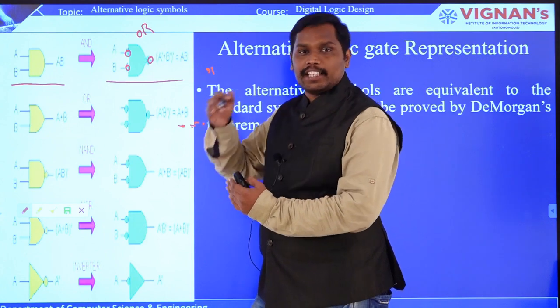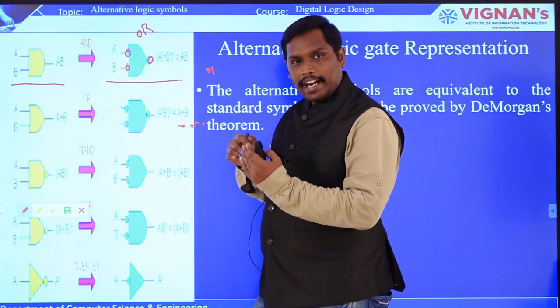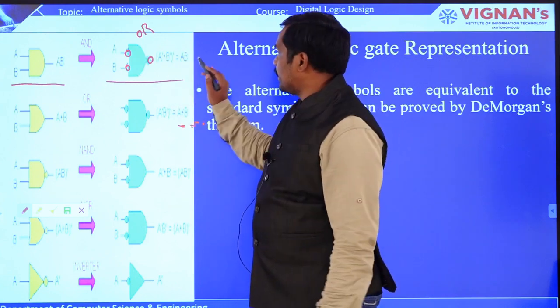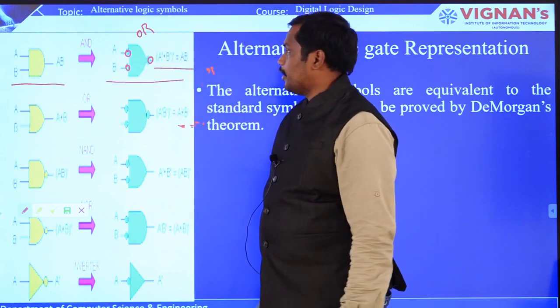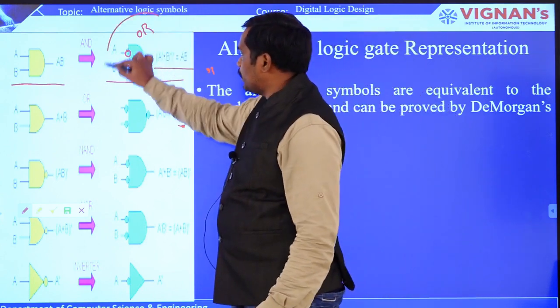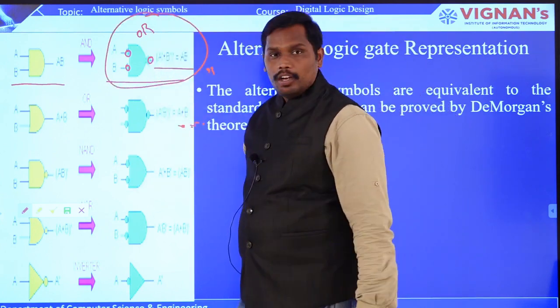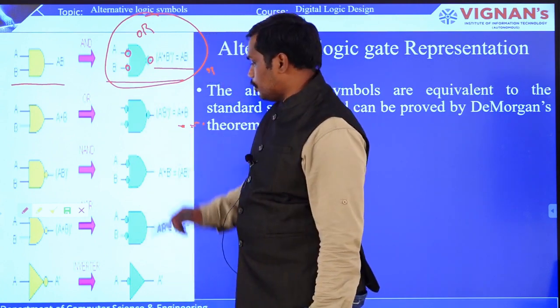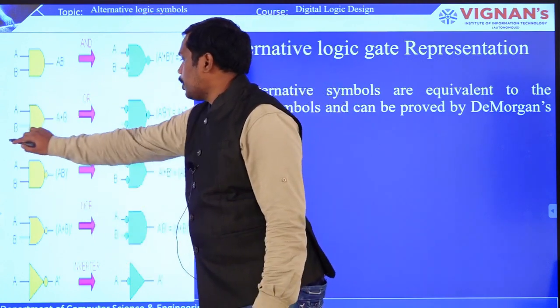If it is AND, it is converted to OR. If it is OR, it is converted to AND, and bubbles will be there for the input and output. So is it clear now how you are going to represent an alternative symbol for the AND gate? This is also one of the symbols that you can use for the AND gate, right?